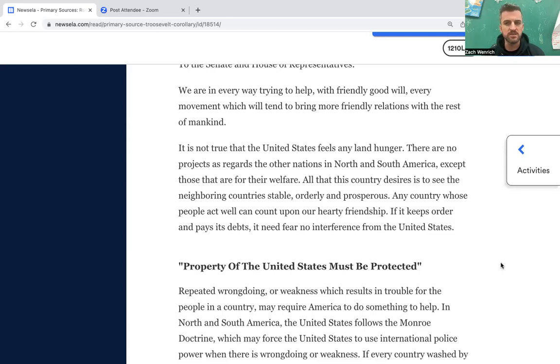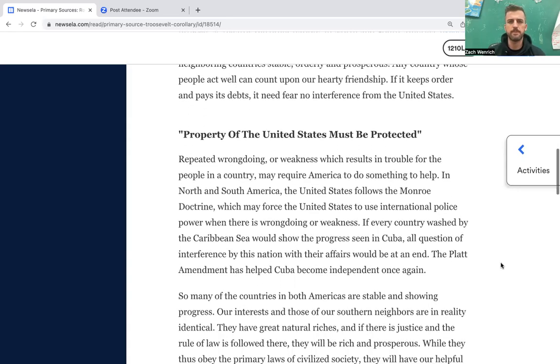All that this country desires is to see the neighboring countries stable, orderly, and prosperous. Any country whose people act well can count upon our hearty friendship. If it keeps order and pays its debts, it need fear no interference from the United States.